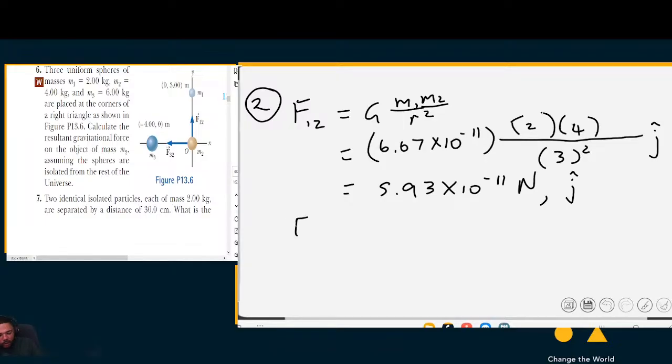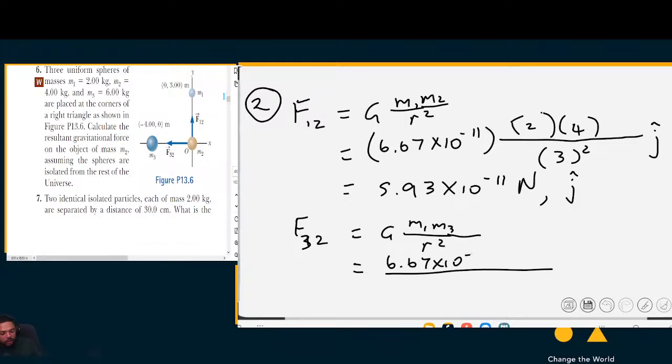Now the force between mass number 3 and mass number 2: G m2 m3 over r squared. That's 6.67 times 10 to the negative 11, multiplied by the masses m2 and m3. That mass is 6 kilograms.